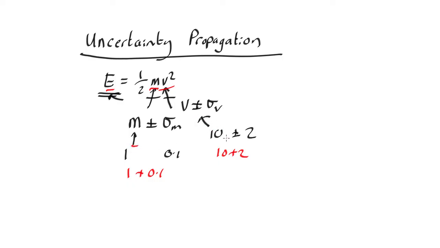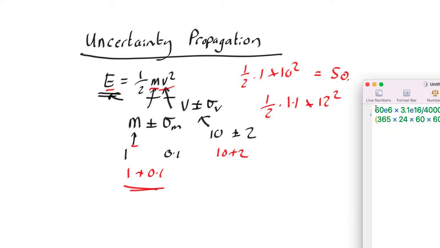So what you could do is just calculate the energy assuming the mass is 1 and the velocity is 10, which would be a half times 1 times 10 squared, which is going to be 50. And then you can work it out assuming that the mass has got the uncertainty added into it, so it's 1.1. So you've got a half times 1.1 times 12 squared. And I'll use my calculator to work that out.